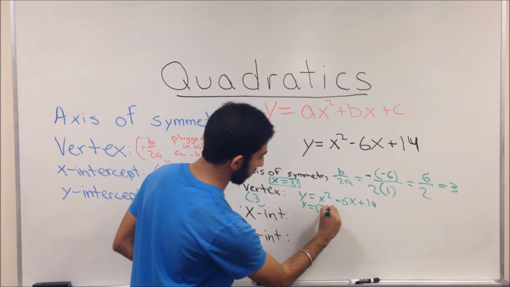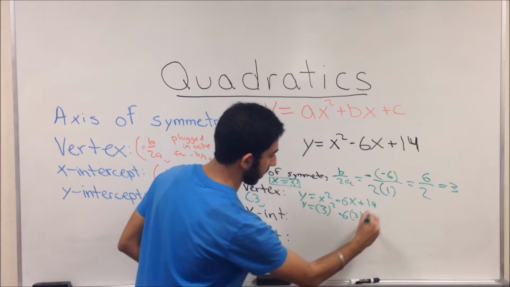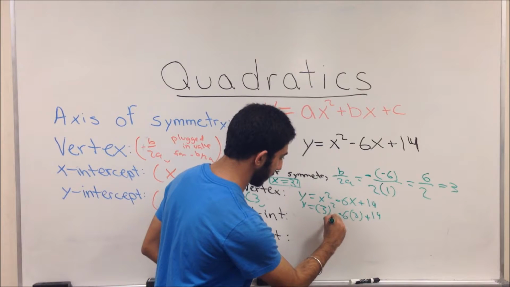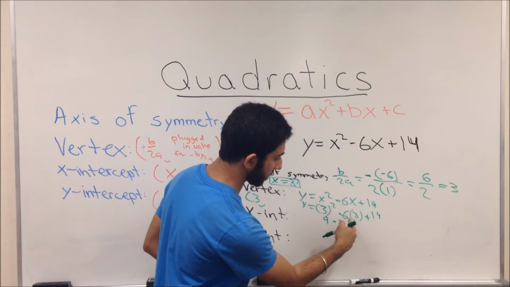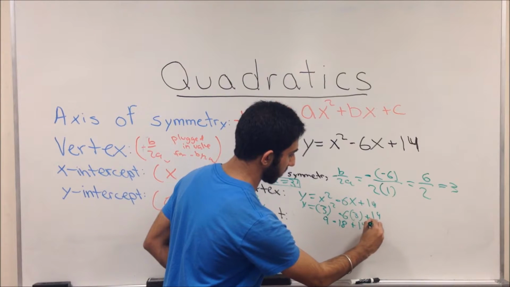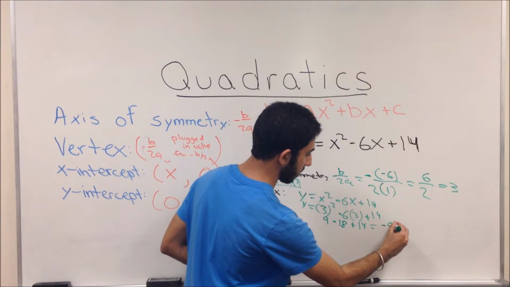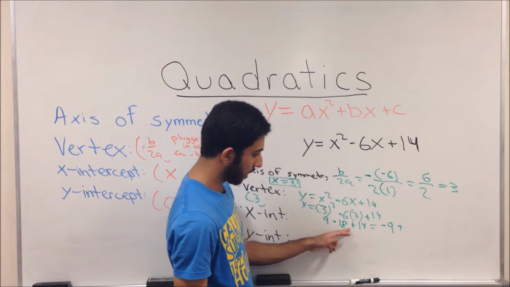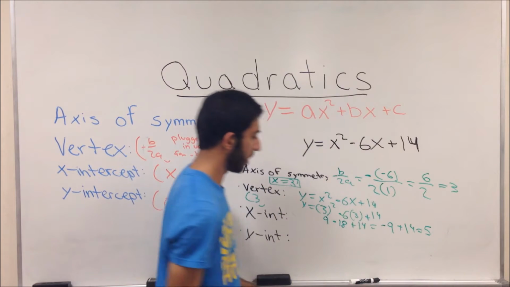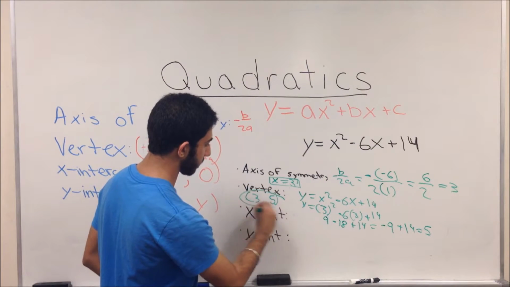So 3 squared minus 6 times 3 plus 14. 3 squared is 9, minus 6 times 3 is 18, plus 14. So 9 minus 18 is negative 9, plus 14 gets you positive 5. So your vertex will be 3, 5.